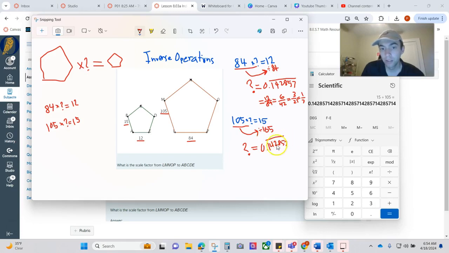0.142857, repeating, or you could also write it as a fraction as 15 over 105, or 3, divide that by 5 is 3, divide this by 5, I get 21, or 1/7. Looks like that's our scale factor.